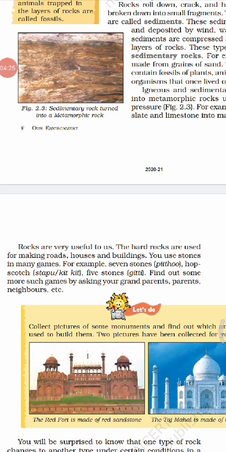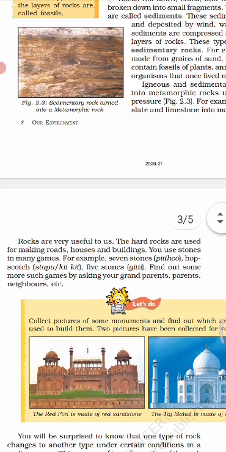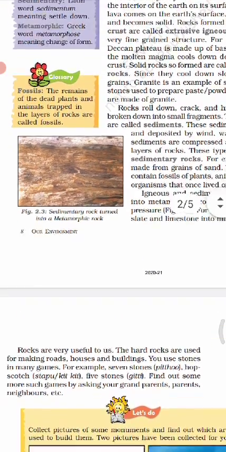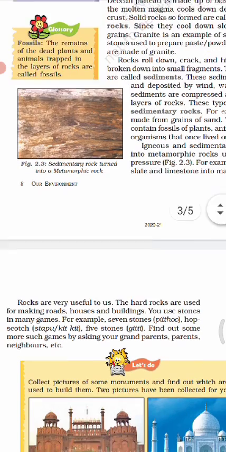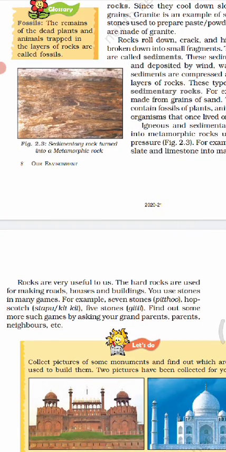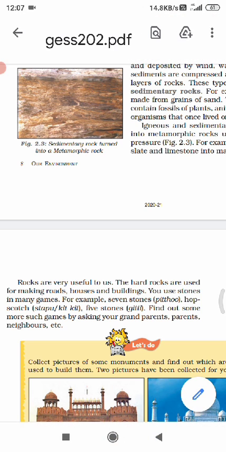The floor may be of marble, maybe some kind of tiles are used, so rocks are used there. Where else are rocks used? When students or small children play pittu, hopscotch, or some five small stones that the girls play gitti with, the children use rocks in playing also.